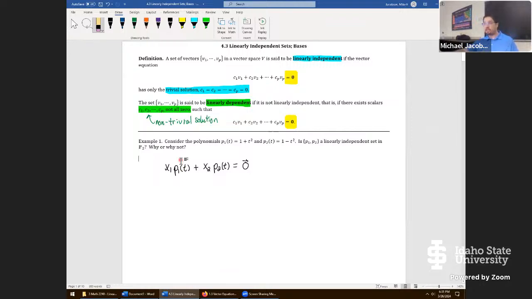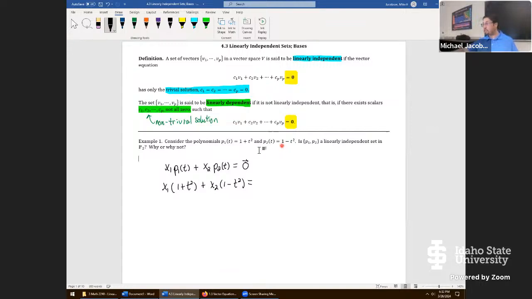So first thing we'll do is input P1 of t. It's 1 plus t squared, so we'll go x1 times 1 plus t squared. Then x2 multiplies p2, which is 1 minus t squared.